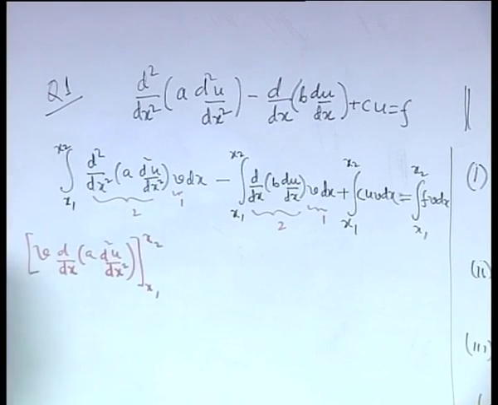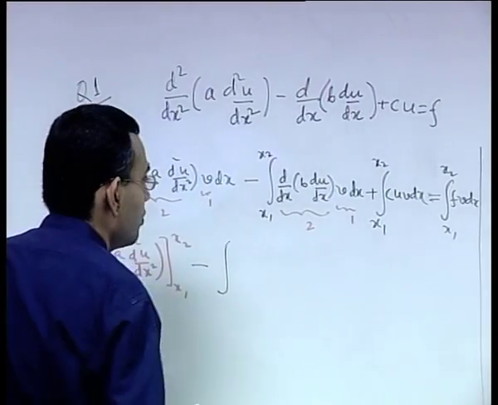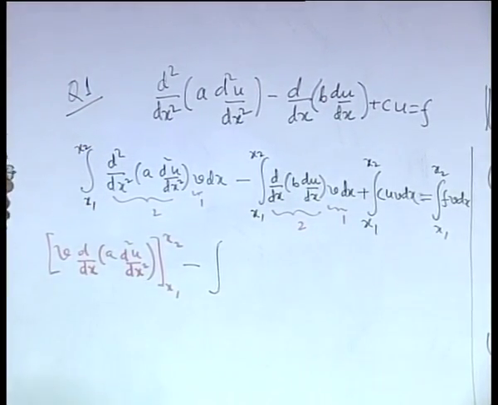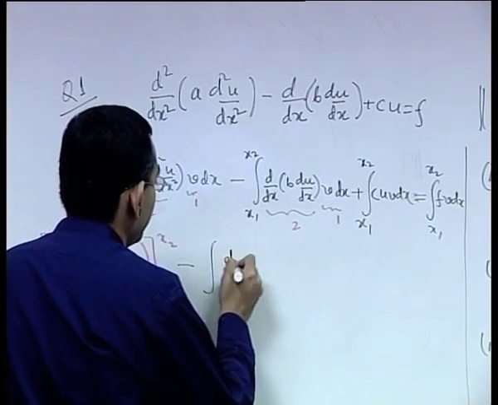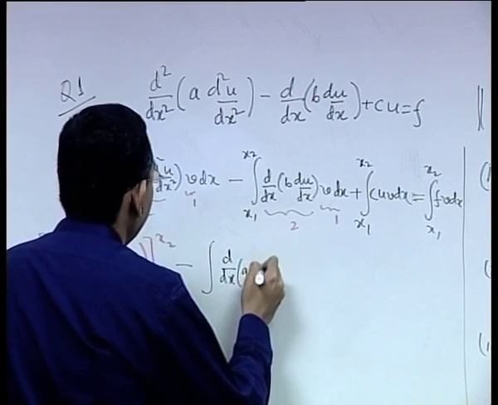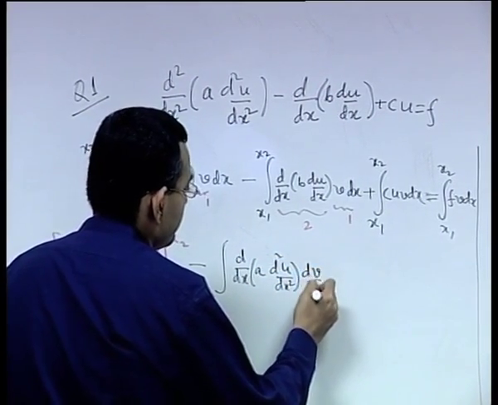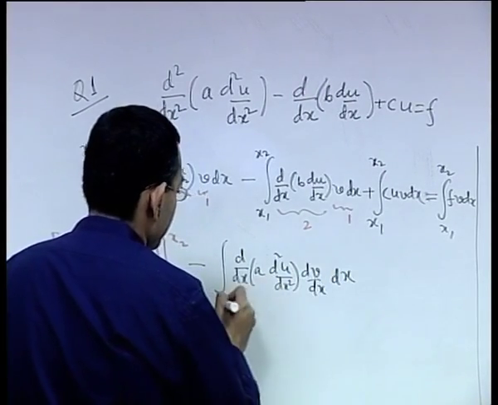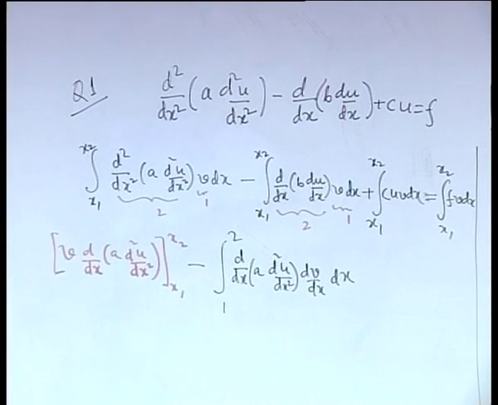I am writing the boundary terms separately because we will need this for specification of the boundary conditions, minus integral of derivative of first, that is dv dx, into integral of the second. So, d dx of a d2u dx2 into dv dx, that is for the first term.